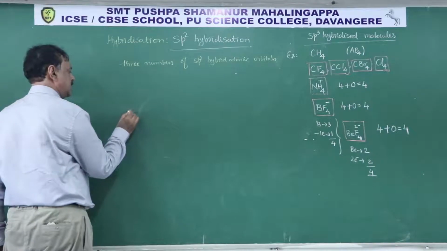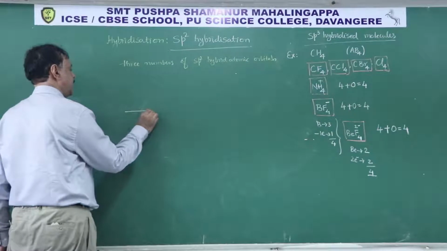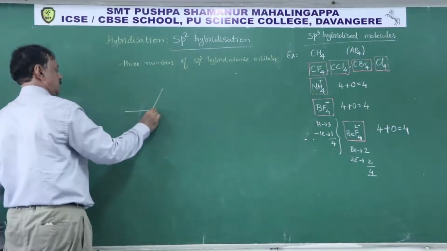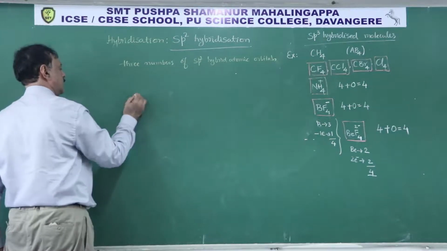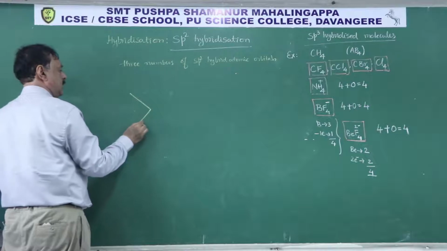All three sp2 hybrid atomic orbitals orient at an angle of 120 degrees with each other. It is a planar bond angle.